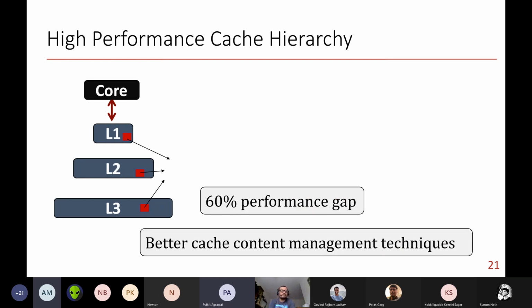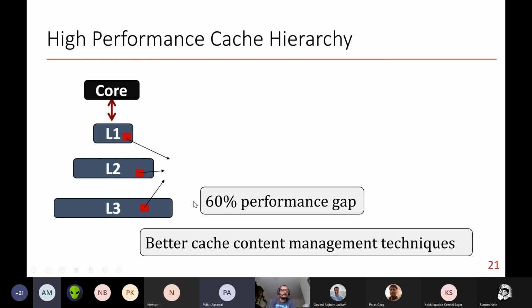You can also come up with better cache hierarchies: what to allocate, what not to allocate, where to allocate. You can come up with various ideas, like the idea that someone was suggesting: can we handle the page table entries in a different way? These are called cache content management techniques.